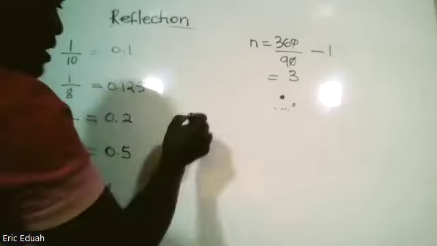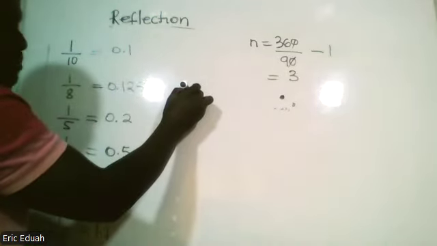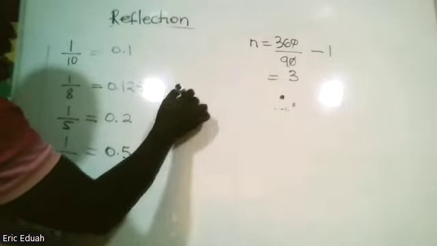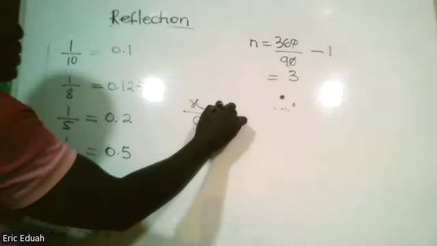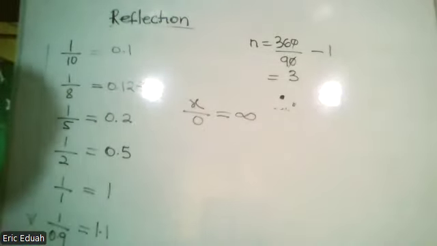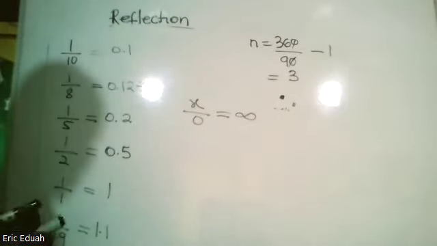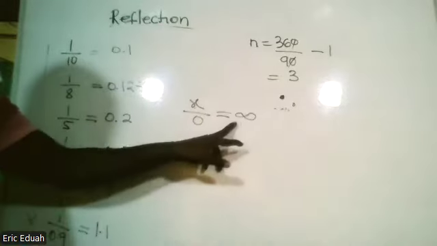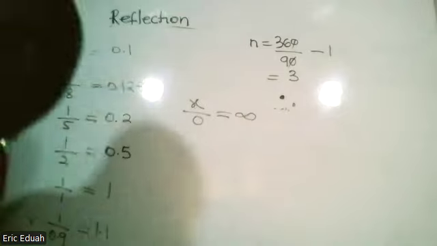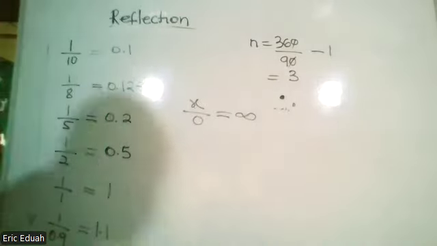Any number x divided by 0, we say it is equal to infinity. Infinity means an indefinite value or number.